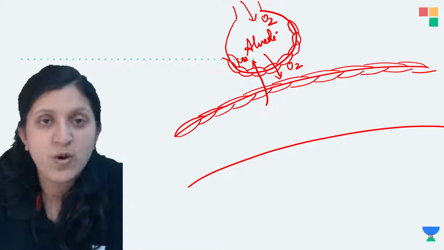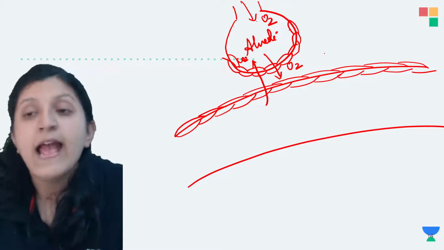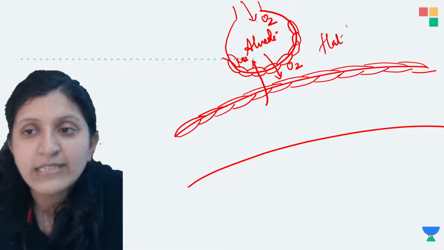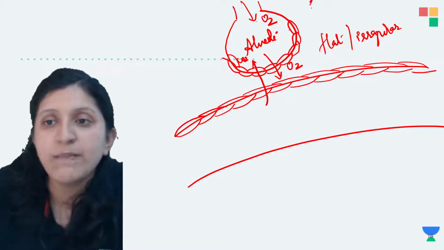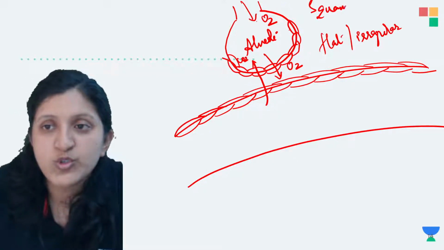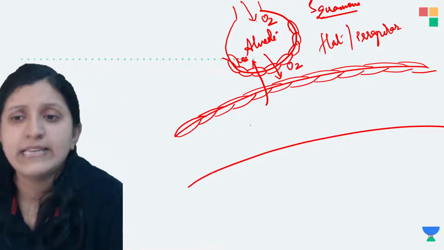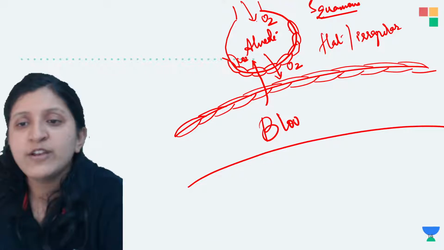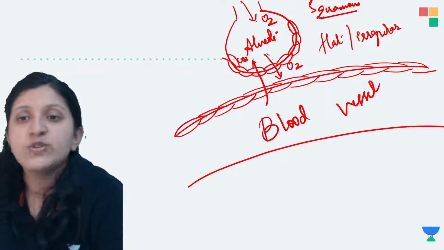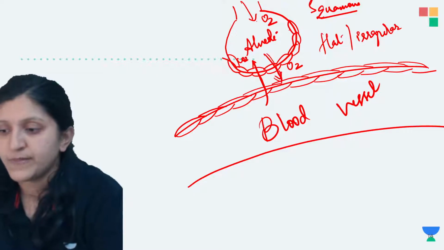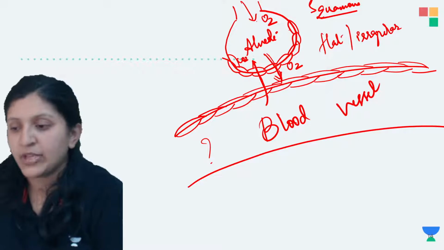That is possible only if these cells are thin, and that's the reason for the flat and irregular cells, the squamous epithelium. Squamous epithelium is present lining the blood vessel and also lining the alveoli, so that easy exchange is possible. Is that clear? What is the function of the alveoli?